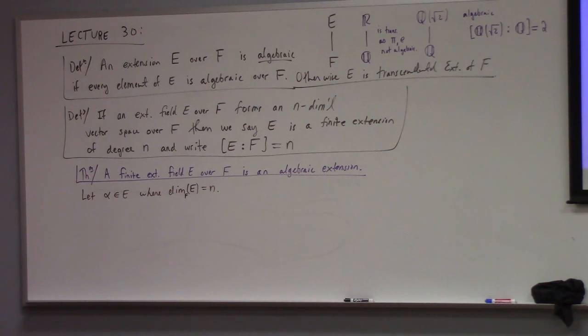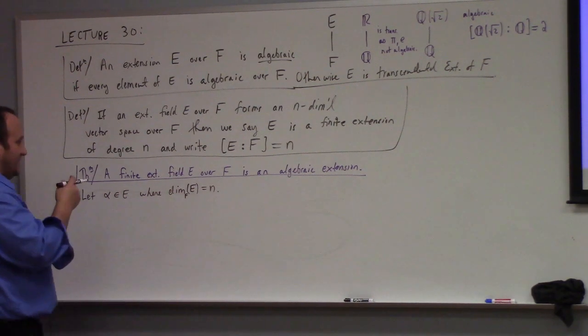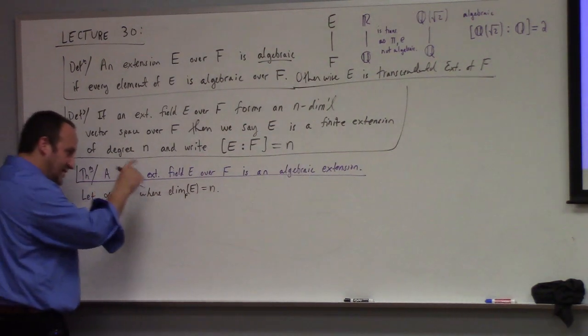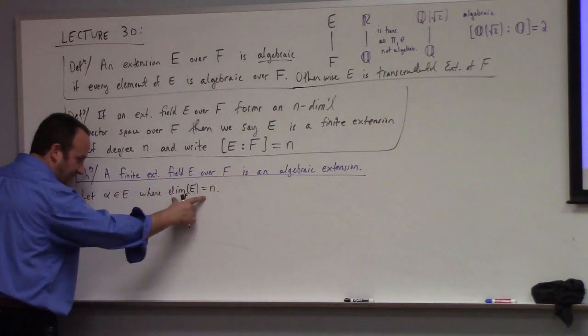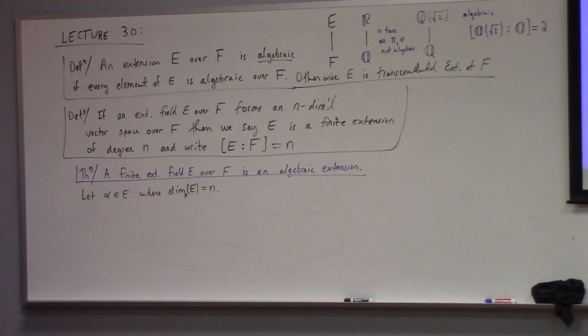All right, this is not getting this lecture done. So if we have a finite extension field E over F, it is an algebraic extension, great. So pick alpha in E. It's got finite dimension. And then, check it out.